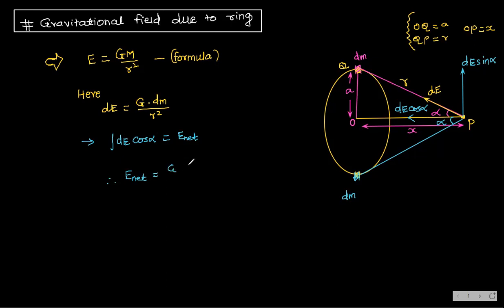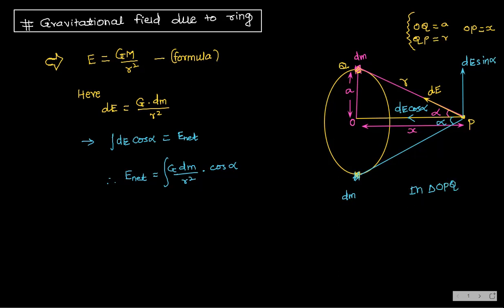G dm divided by r square into cos of alpha. Now let's find out cos alpha first. What is cos alpha in triangle OPQ?